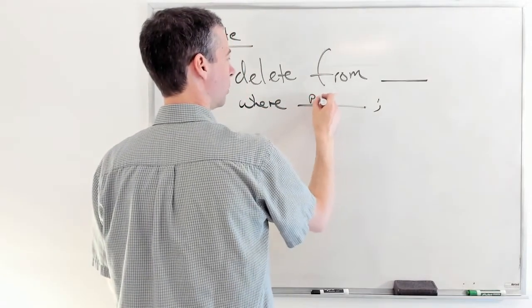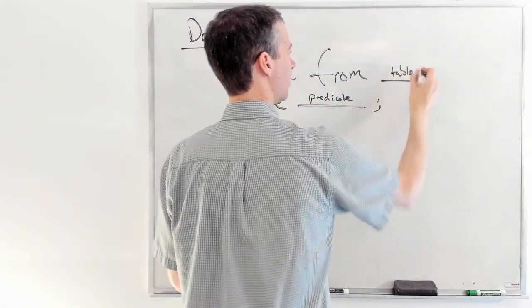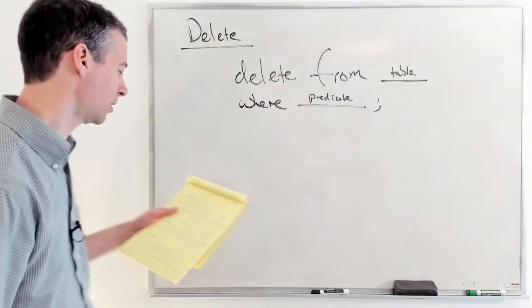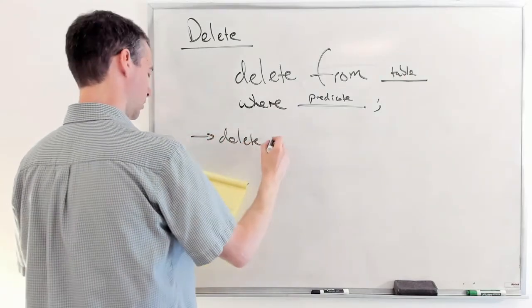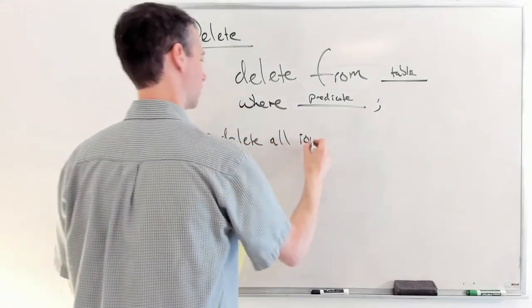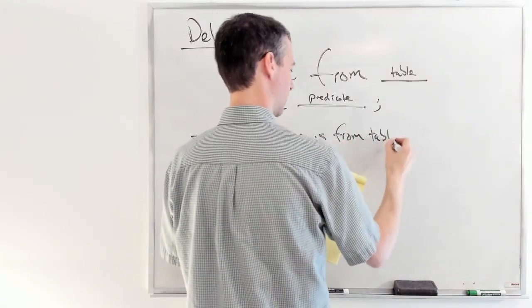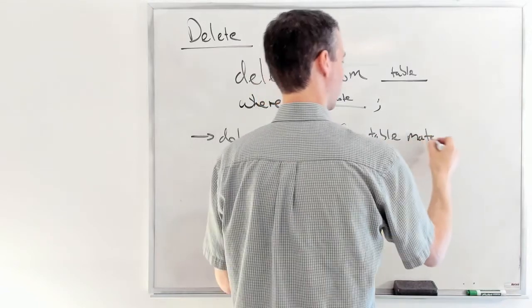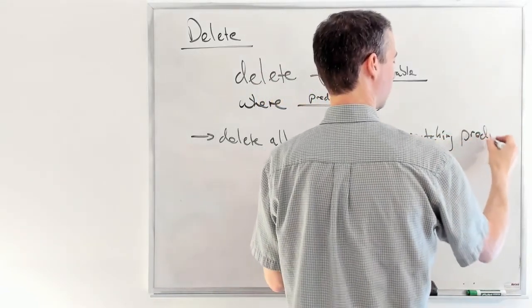You've got your single table that you're going to delete from there. And the idea is that this will remove all the rows from the table that match or meet the requirements of the predicate.